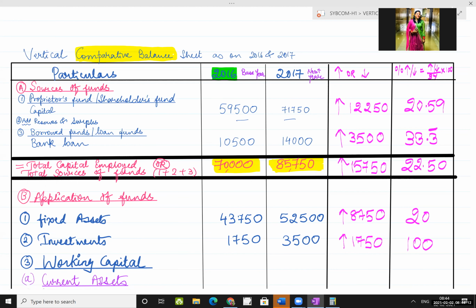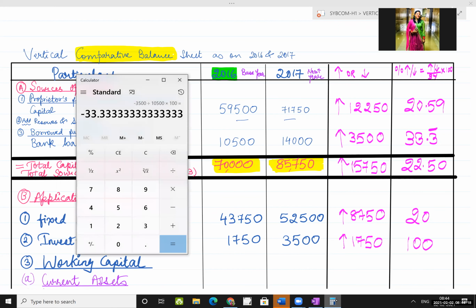Then total capital employed, add it. 59,500 plus 10,500, 70,000. 71,750 plus 14,000, 85,750.